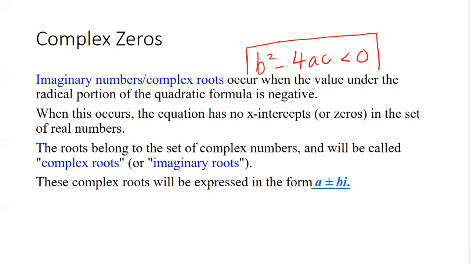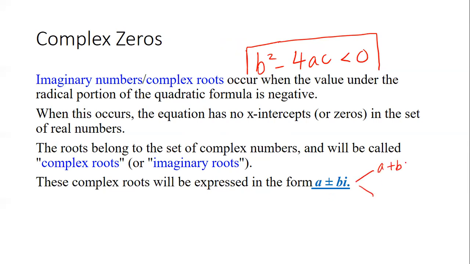Okay. When this occurs, the equation has no x-intercepts or zeros in the set of real numbers. The roots belong to the set of complex numbers and will be called complex roots or imaginary roots. The complex roots will be expressed in the form a plus or minus bi. And the plus or minus means what? Two solutions.